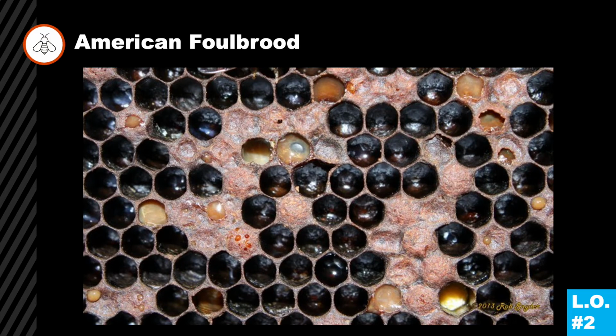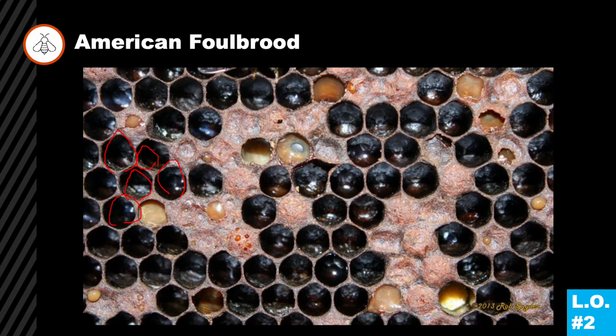Again, this is an illustration of what a frame might look like with American foul brood. First of all, you can appreciate this spotty pattern of brood. You have several cells that are uncapped that have no larvae or eggs in them, and this would be very uncommon.